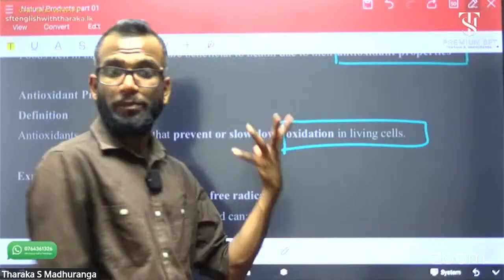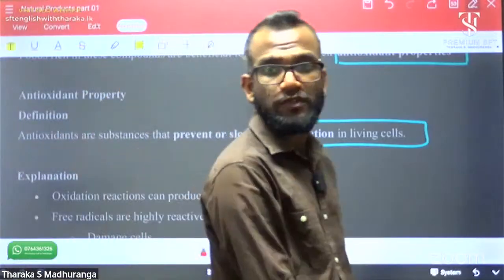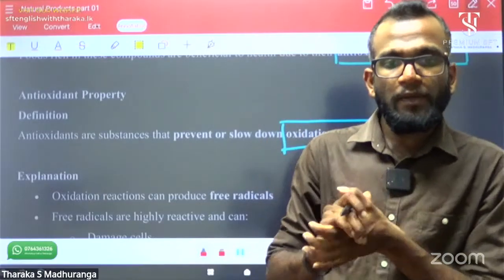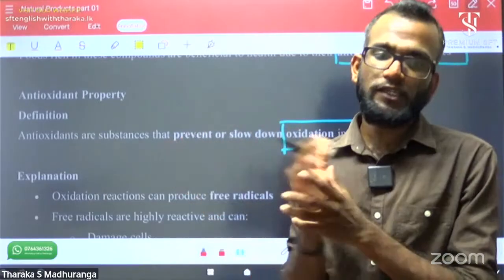Phenols and polyphenols all have antioxidant property. That's the main characteristic: they prevent or slow down the oxidation process.